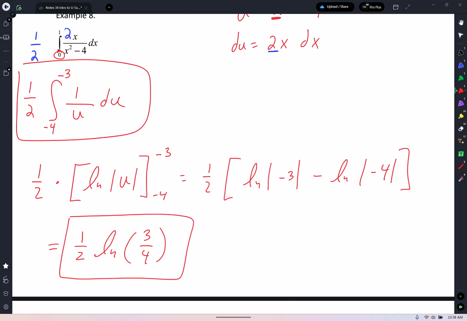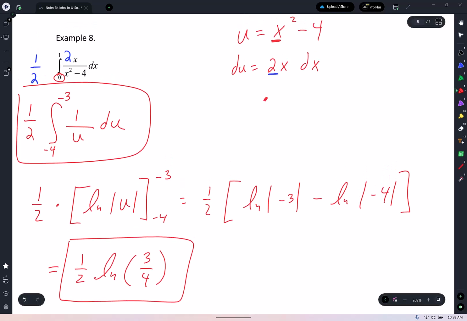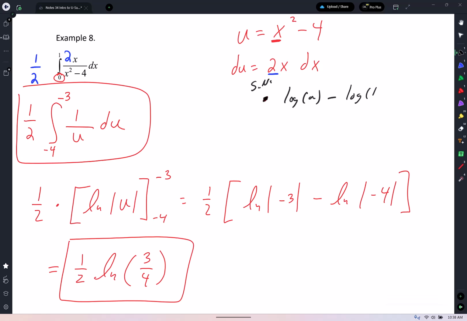Oh, yeah. Do we know the properties of logs, the three main ones? Okay, write them down, guys, real quick. Side note. Log A minus log B is equal to log A over B. Log A plus log B is equal to log AB, because logs are just exponents, guys.